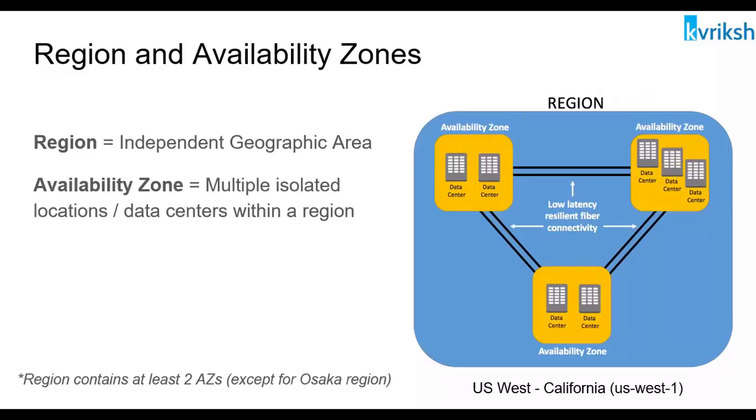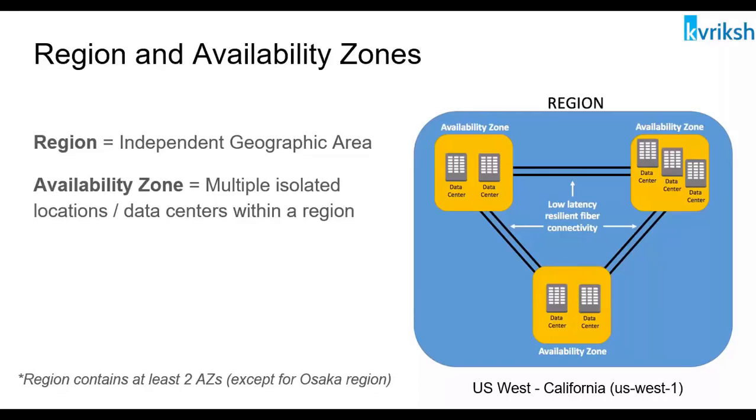We'll talk more about this in the EC2 sessions, which is a different course, but as of now you just need to know about these things. I hope the region and availability zone are familiar to you now.